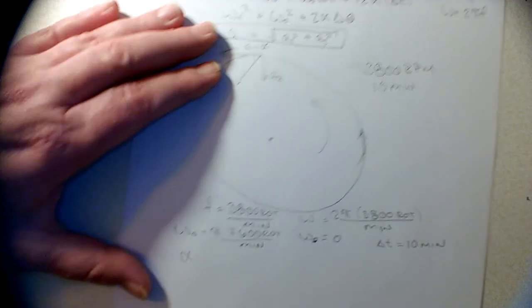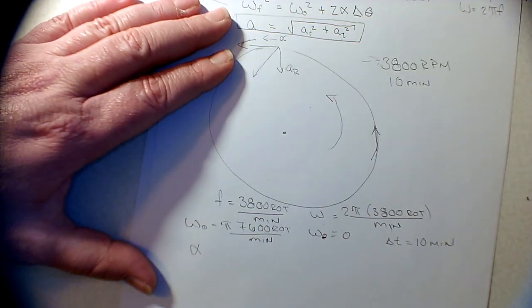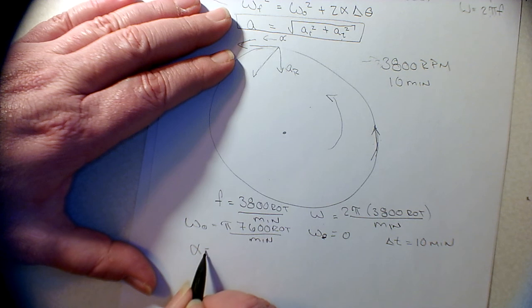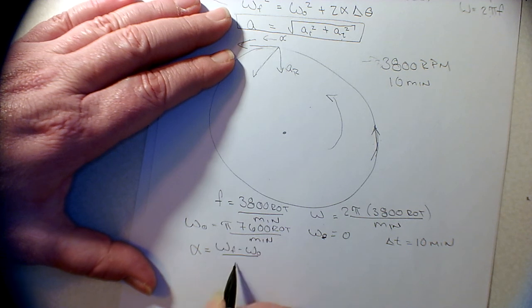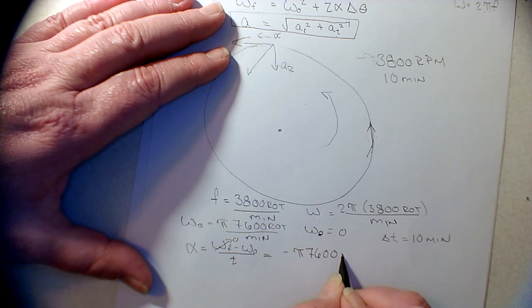Acceleration is just the same as our tangential velocity, where that was our change in velocity given an amount of time to make that change. So alpha is going to be omega final minus omega initial over time. Well, omega final is 0, so alpha is going to be negative pi times 7600 rotations per minute over my time of 10 minutes.